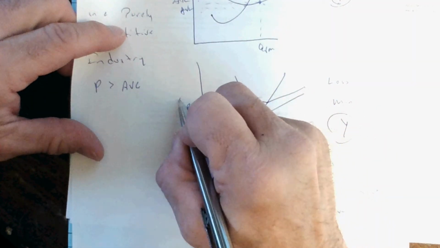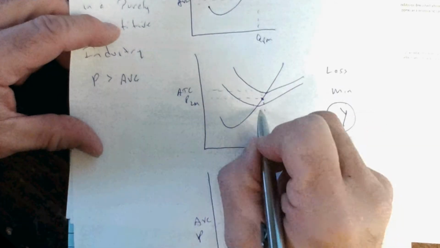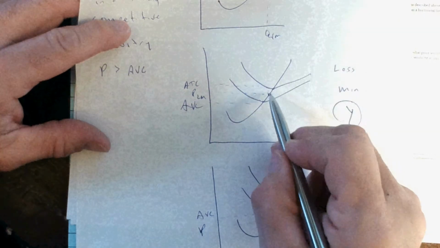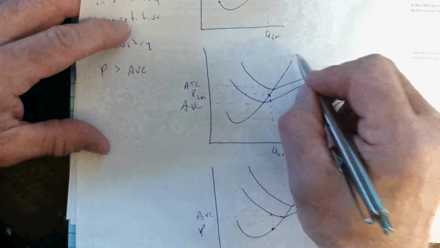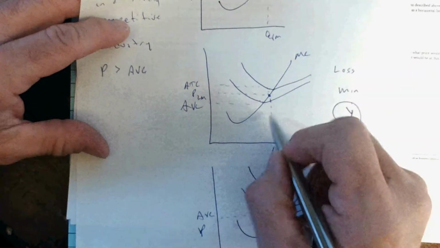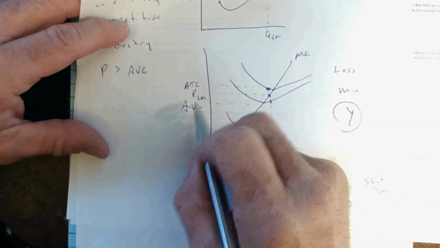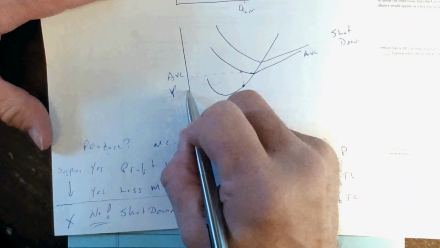In this middle example, at this quantity, here's your average total cost. Here's your average variable cost. So price, find price equals marginal cost, get the quantity. From that quantity, read both the average total and average variable. You can see that price is between the two. This situation is a loss min.